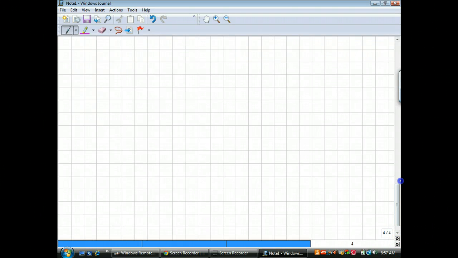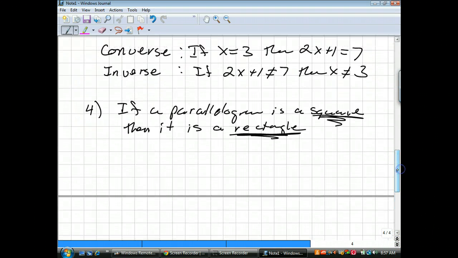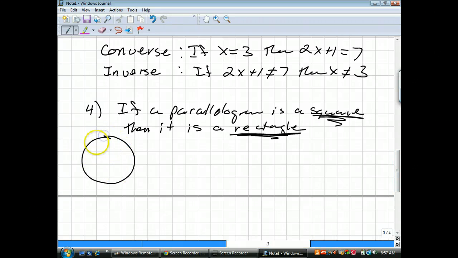So if we were going to do a Venn diagram, we would put a circle which represents our rectangles, and every square is also a rectangle, so inside the circle of rectangles is another circle that contains all squares. But remember, not all rectangles are squares, so there's other things.